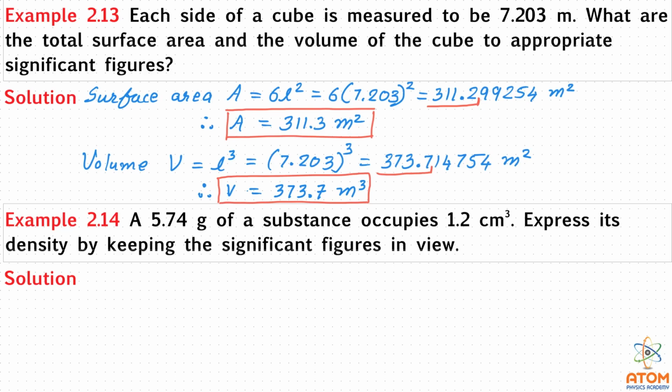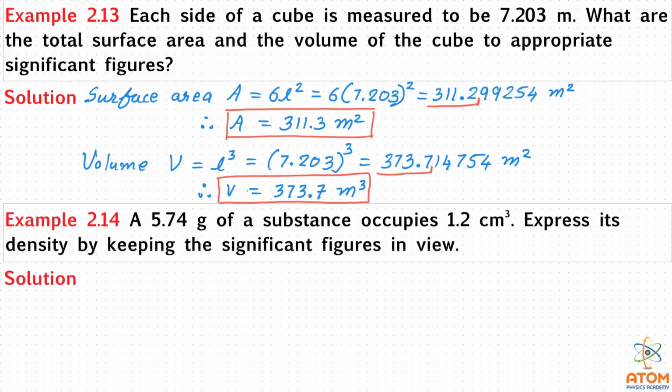Mass is 5.74, that means it has 3 significant figures, and volume is 1.2, that is only 2 significant figures. So the answer should have significant figures equal to the least value, because this is going to be a case of division. In division also we consider the least number of significant figures, and that is 2. So we have to reduce our answer up to two significant figures.